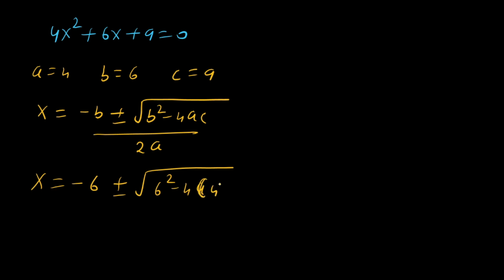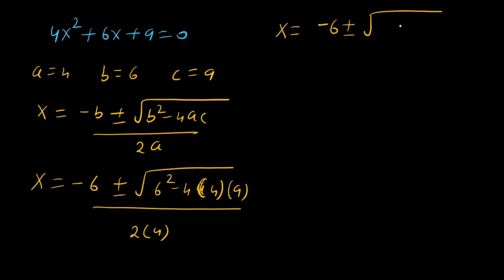The value of a is 4 and the value of c is 9, and divided by 2 times a. The value of a is 4. Then x is equal to minus 6 plus minus square root of 36 minus 4 times 4, 16, 16 times 9 is 144, over 2 times 4, is 8.